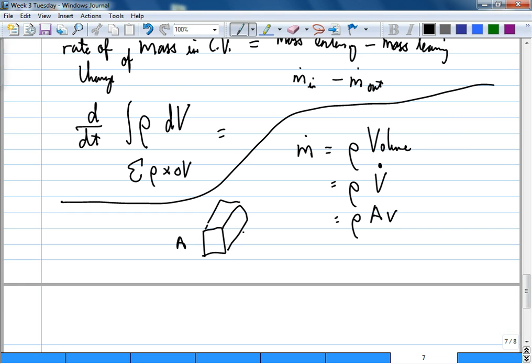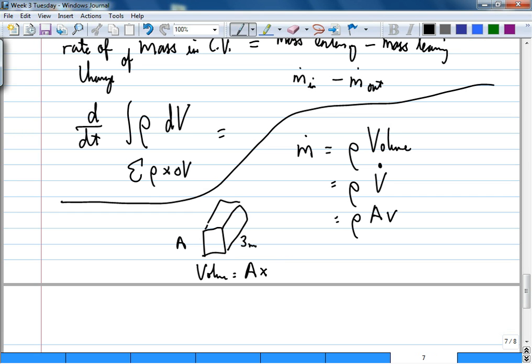This is L, say, so your volume is equal to A times L. Let's say this is 3 meters, so your volume is 3 times A.